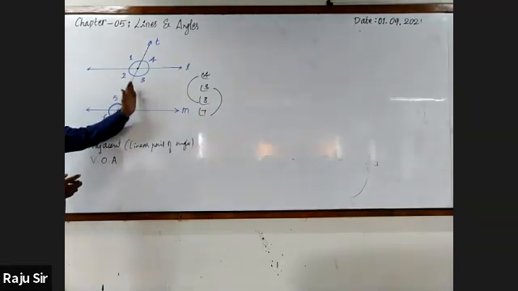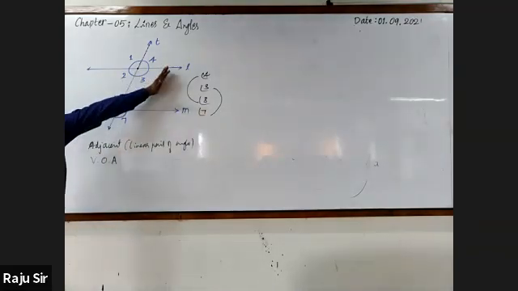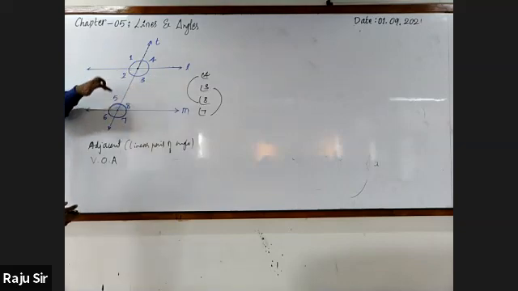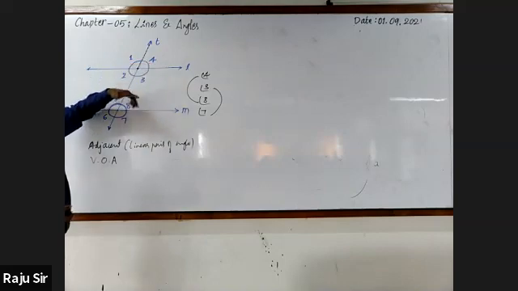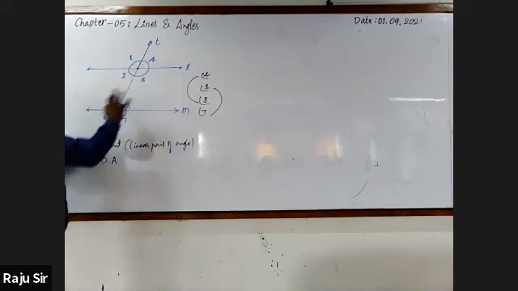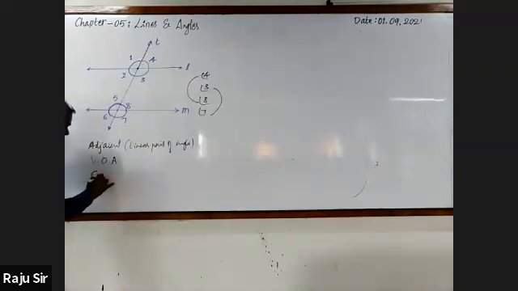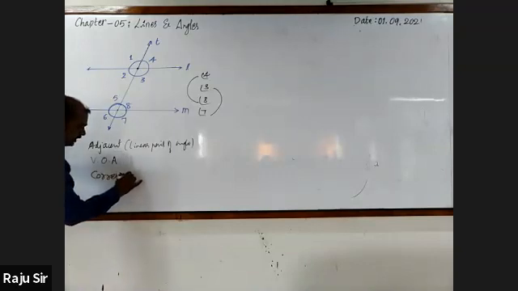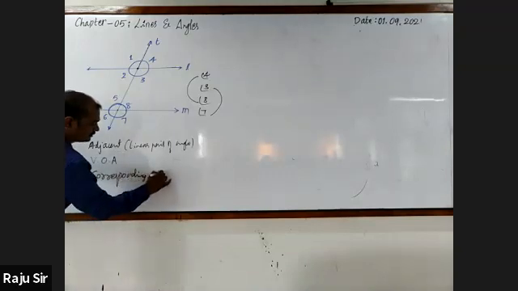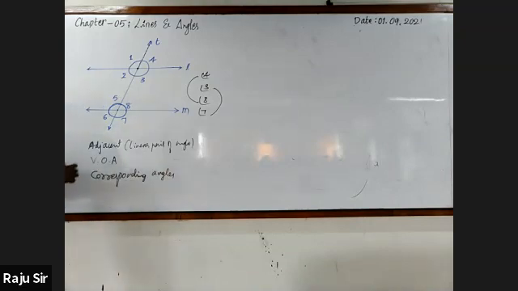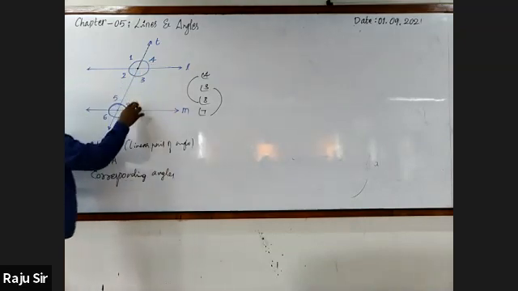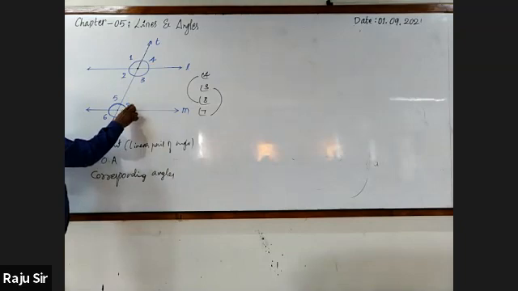The angles that are formed on the same side of the transversal at distinct points and on the same side of the parallel lines are called corresponding angles. Here, angle 4 corresponds to angle 8.